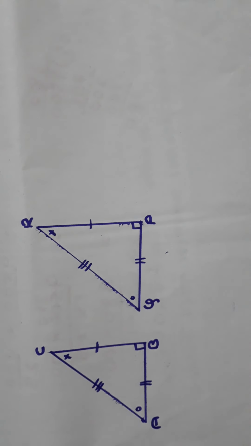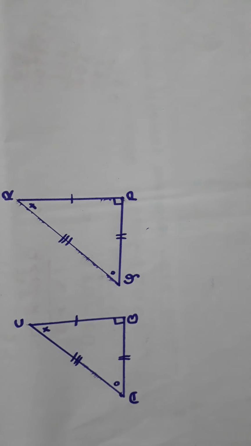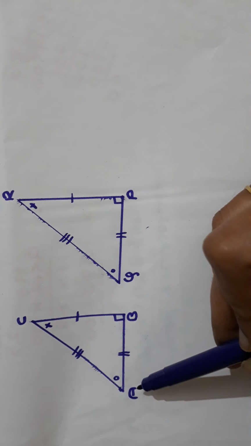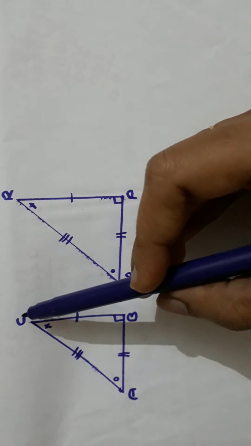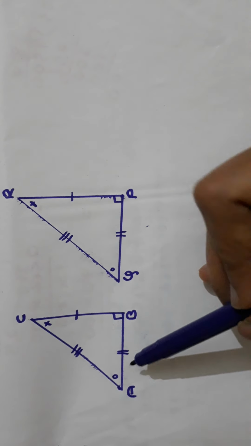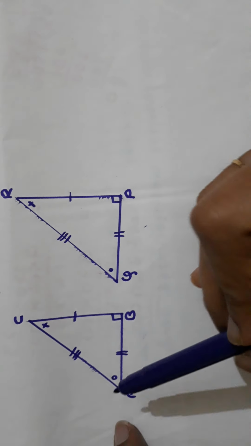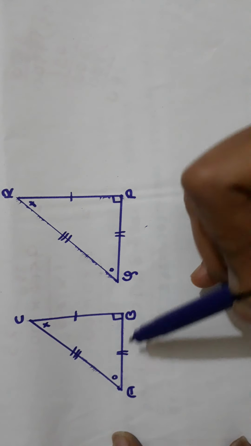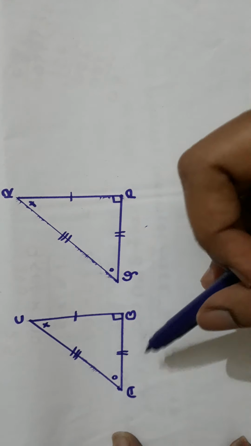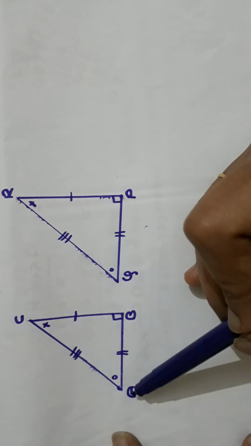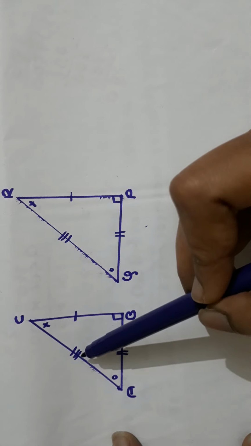And once we get the congruency between the two triangles, we can write the correspondence also with the help of the congruency. Now consider triangle ABC. In triangle ABC, I can start at vertex A, vertex B, or vertex C. So if I am starting at vertex A, then you can see that vertex A is indicated by the symbol O. Now from vertex A, I can move to vertex B or to vertex C. So suppose I am moving from vertex A to vertex C. Then the path from A to C is indicated by three lines.